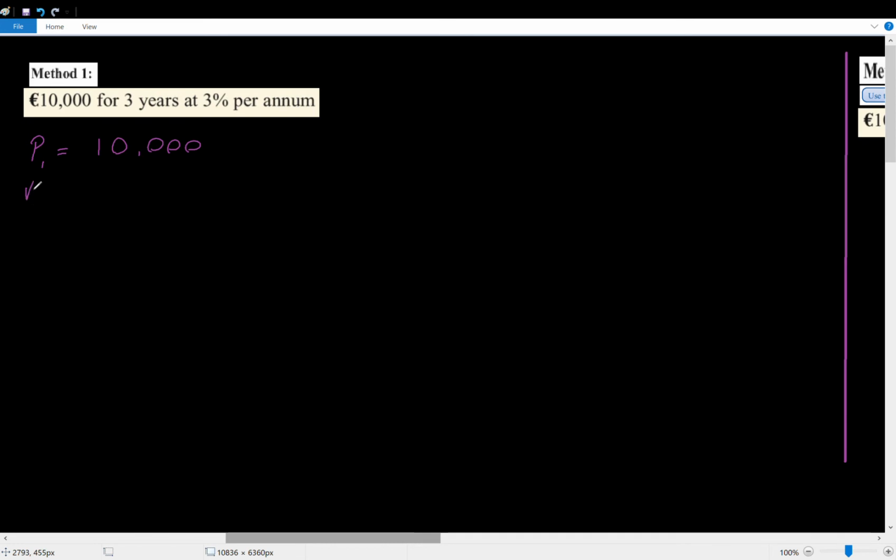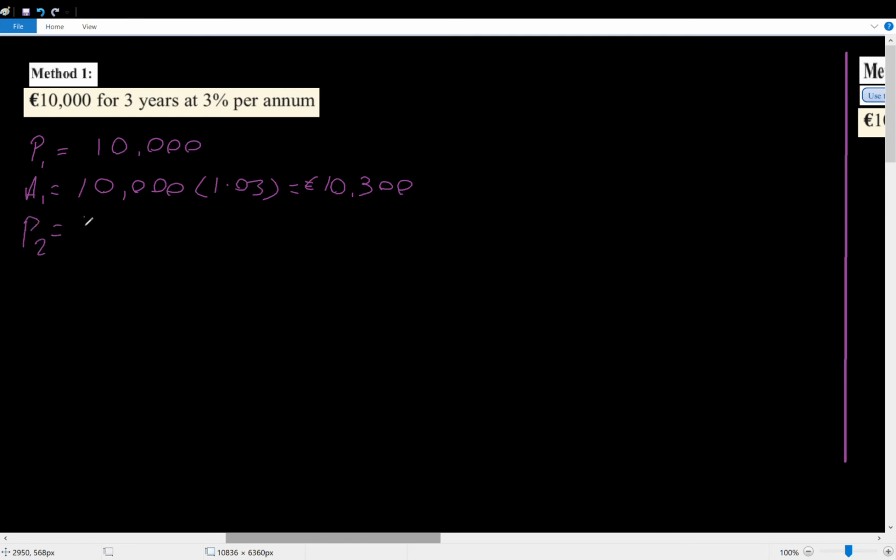And our A1, which is our amount at the end of this period, is going to be 10,000 multiplied by 1.03, because that is how we will add on 3% of 10,000 to it. When we do that sum out, we get 10,300.